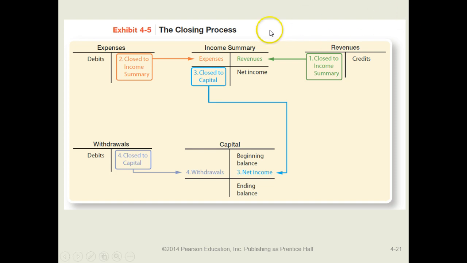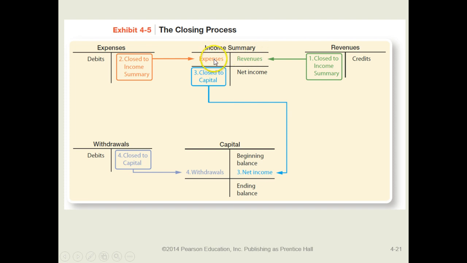So we close revenues to the income summary. We close expenses by crediting them and debiting them to the income summary. Notice, just like revenues and expenses, in the income summary, revenues are credits and expenses are debits.